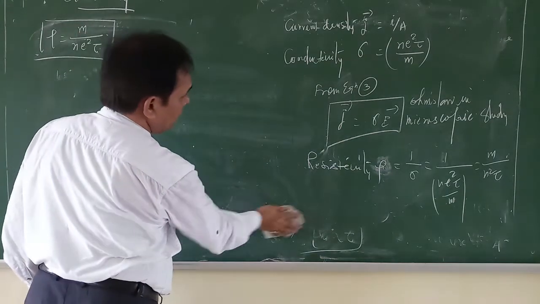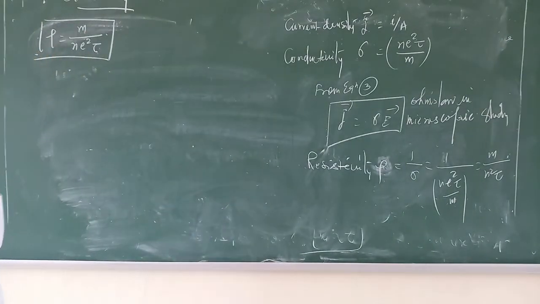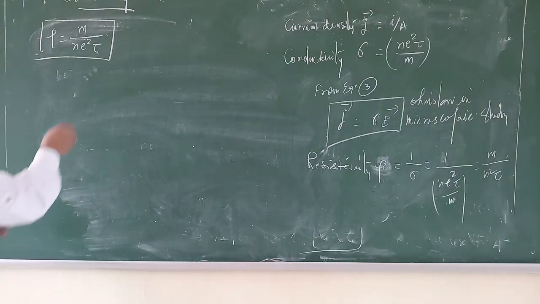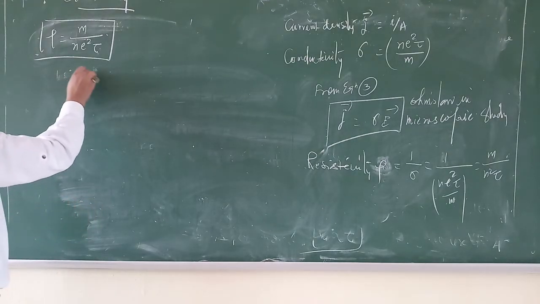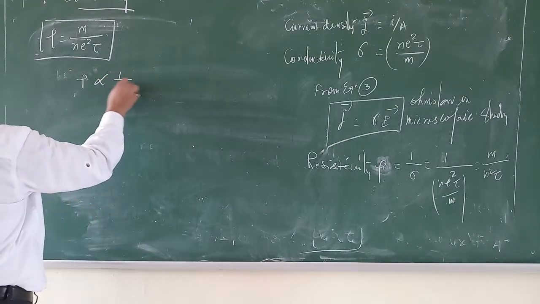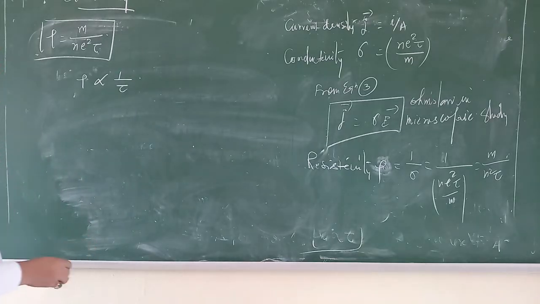Now see, resistivity depends upon relaxation time. Here rho is inversely proportional to 1 by tau.